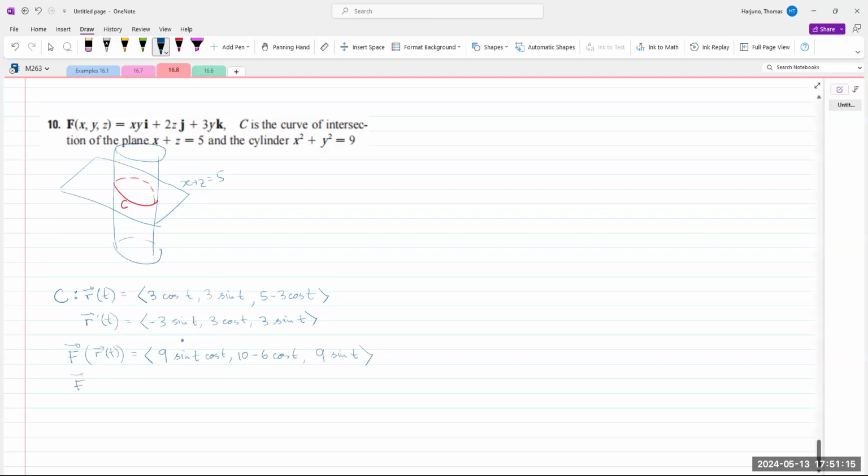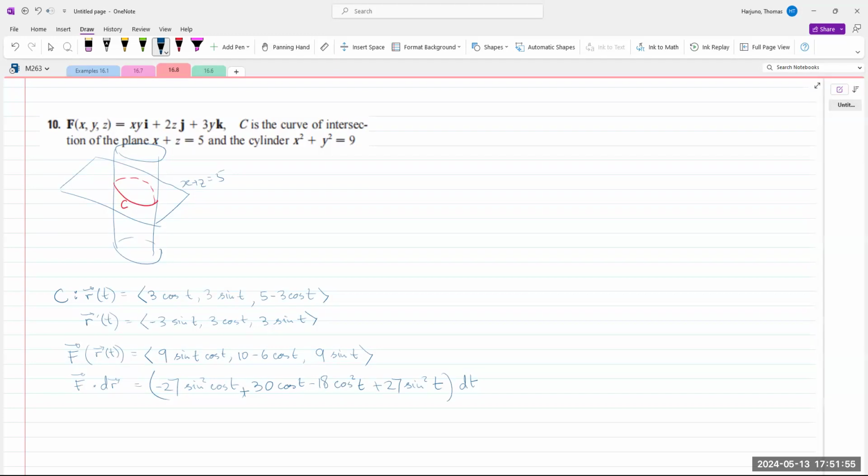So F dot dr will be negative 27 sine squared t cosine t, plus 30 plus 30 cosine t minus 18 cosine squared t, and then plus 27 sine squared t, dt.